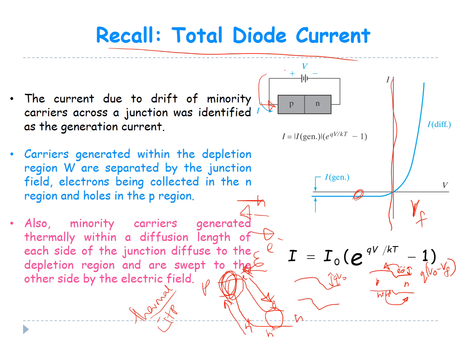And you remember we said the generation should occur within Ln and Lp from the junction. Otherwise, the minority carriers, the electrons, will recombine before reaching the depletion region. And the same applies to the N side.